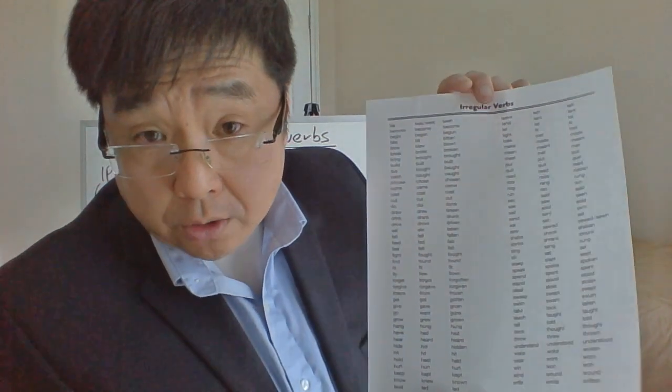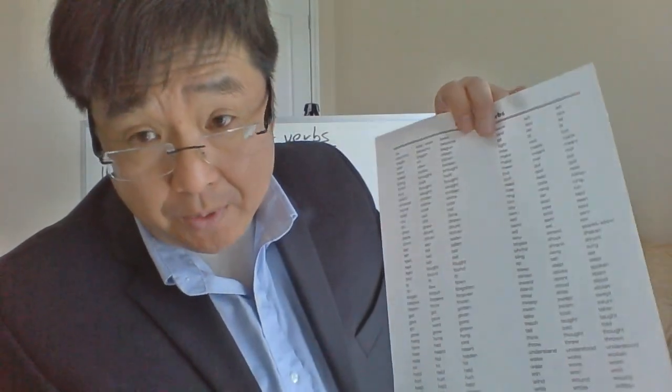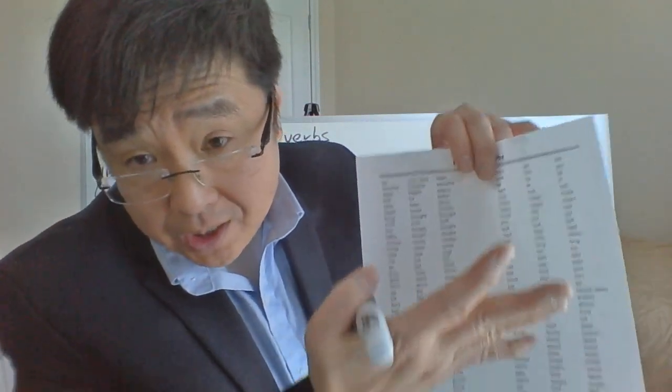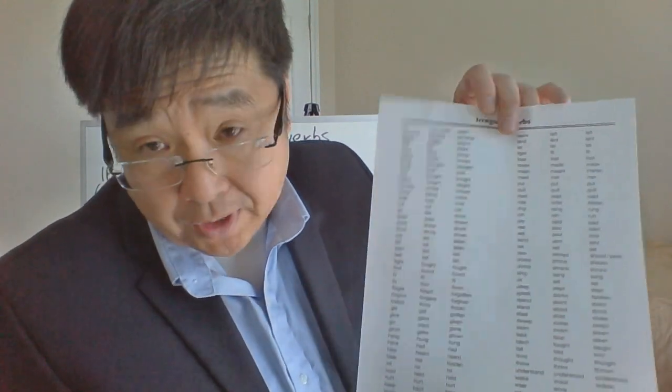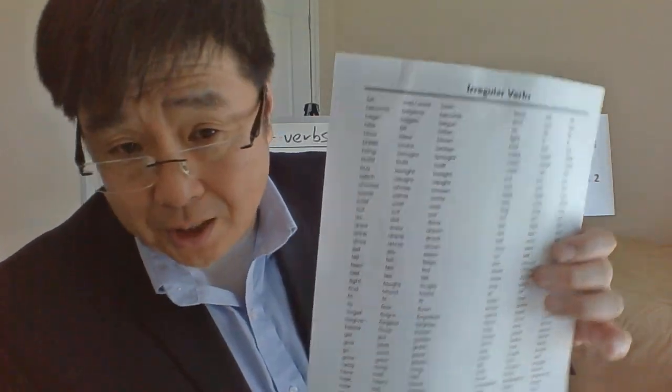Also, you can go on the internet and search for irregular verb list, and you'll have a lot of different sites and lists pop up, and some of them will even have translations in your own language. You can get a short list, a long list, all kinds of stuff online. I hand this one out because this list is very simple, short, and has the most common ones.